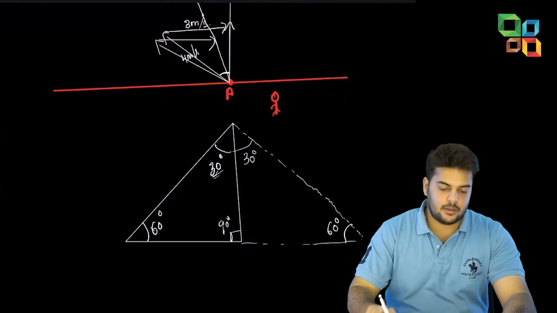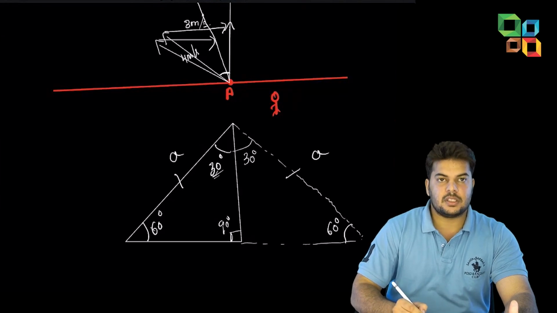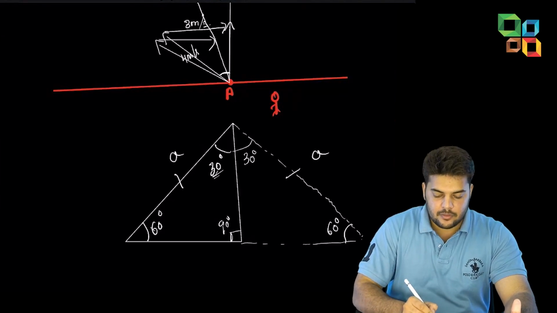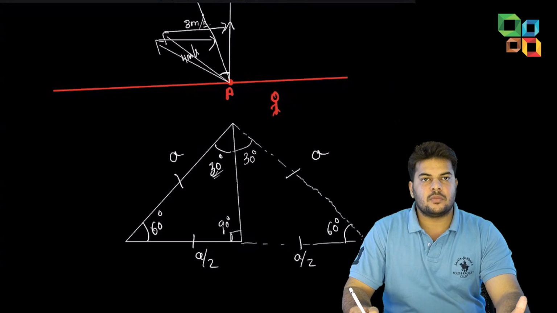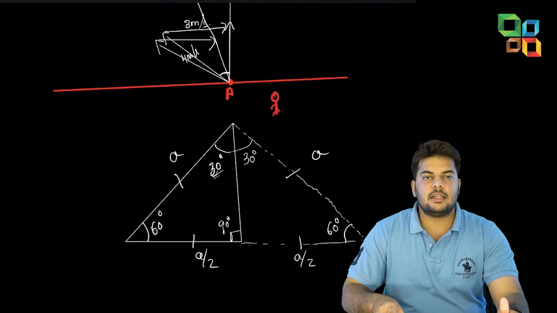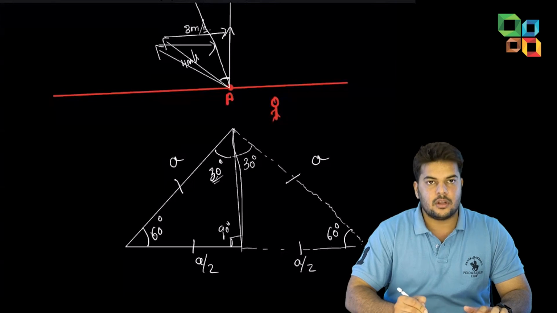So in an equilateral triangle, what do you know? You know that all sides are the same. Right? And look, get the feel for this. If this entire length is A, this should be A by 2, correct? Half of A. So in the 30, 60, 90 triangle, look at that. This is the 30, 60, 90 triangle, isn't it?